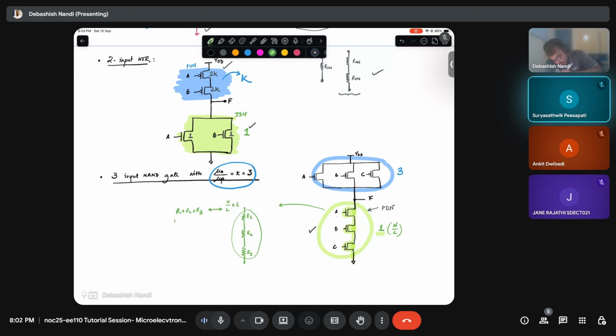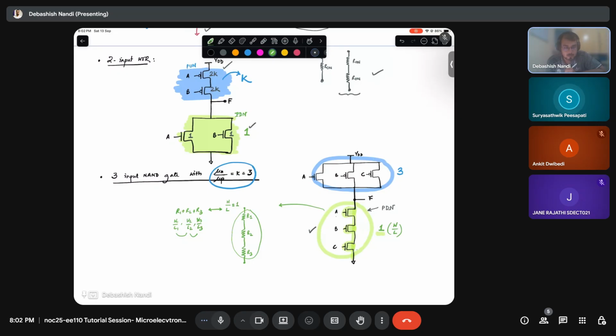So what should be the W1 by L1, W2 by L2 and W3 by L3? These all are same. Let me clarify this point further.